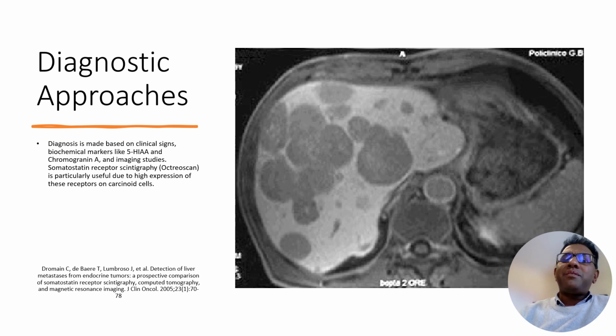Somatostatin receptor scintigraphy, like your octreoscan, is particularly useful in these patients due to the high expression of these receptors on carcinoid cells. The attached picture is an excellent example demonstrating disseminated carcinoid tumor to the liver, where you have these multiple carcinoid deposits. This is in keeping with a patient with carcinoid syndrome.